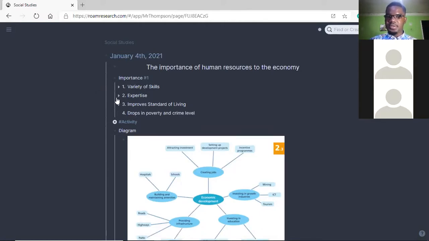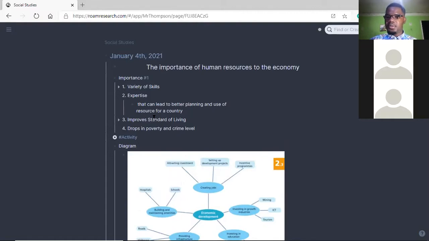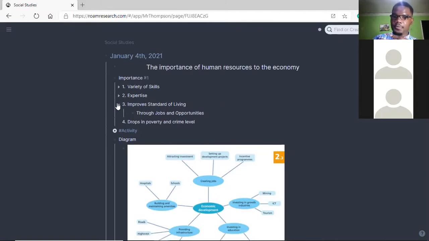The second one, expertise. So when you have people that are very educated, like doctors, bank employees, or so forth, this can lead to better planning fiscally or just economically on a whole for the country's use of the resources, right? The third one we said was that it improves standard of living through jobs and opportunities.